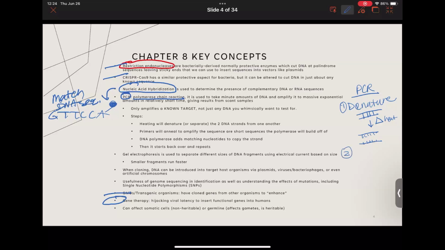The second step of PCR is the anneal step. Anneal, primer, whatever you want to call it. But annealing just means to stick things together, sort of like ligating. Similar concept here. So what you're going to have are your separated strands.